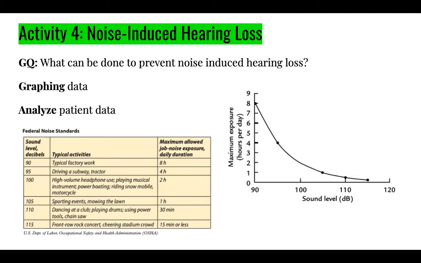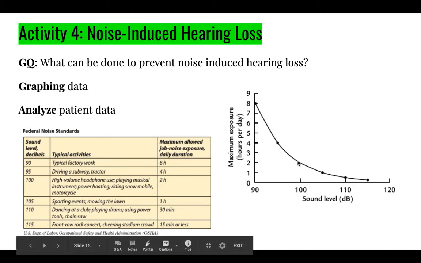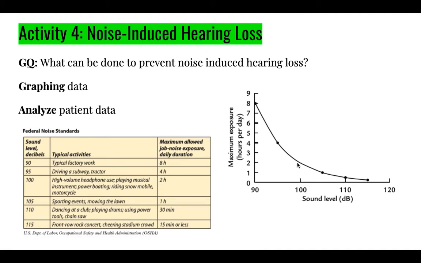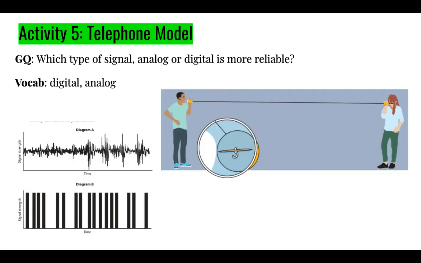And it decreases quite significantly, right? At 90 decibels, I can actually endure 8 hours, but 10 decibels more to 100, it's only about 2 hours. So that's quite a drop based on how long and how loud the sound is.